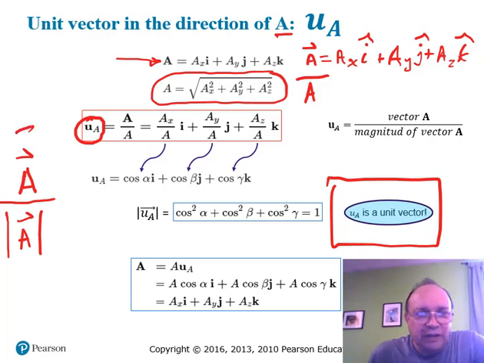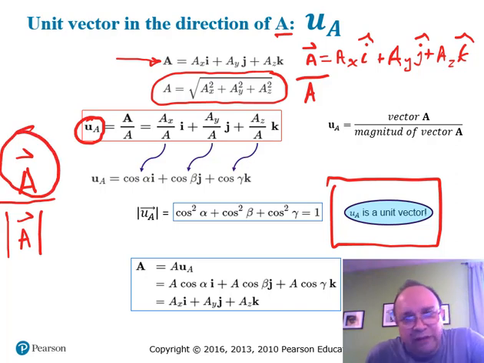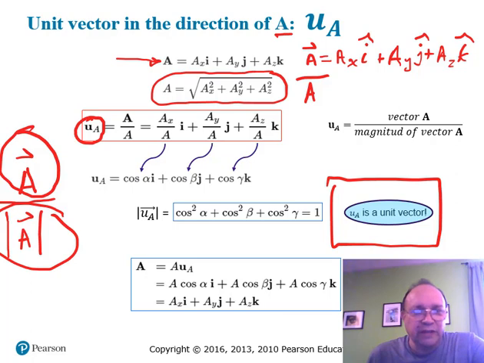So here I have a vector. A vector has magnitude and direction. The magnitude is A. The direction is whatever direction the vector A has. And in the denominator, we have a scalar, which is the magnitude of A. So the number at the top will be the same number as at the bottom.